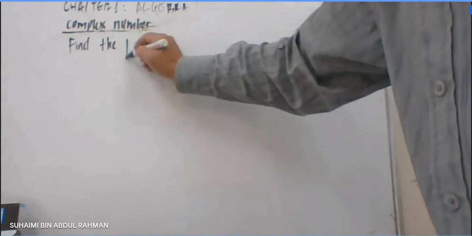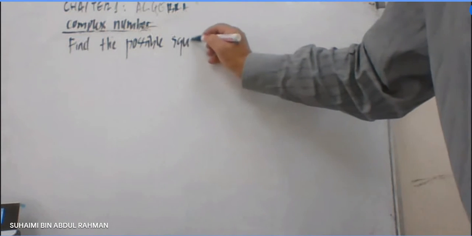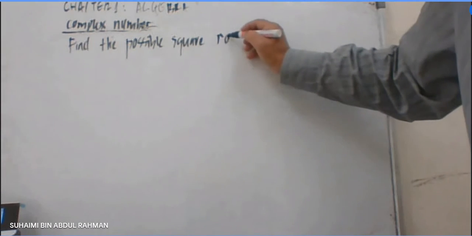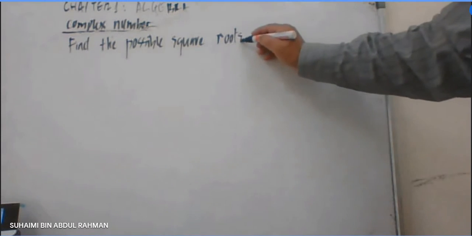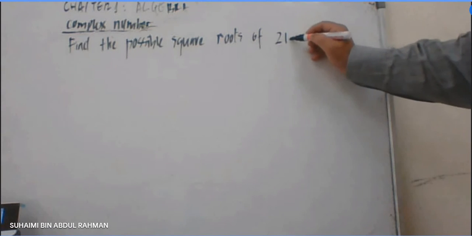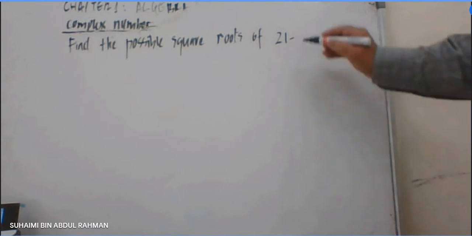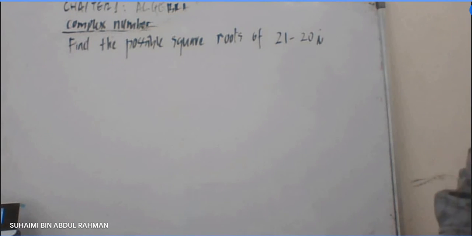Find the possible square root of 21 minus 20i.